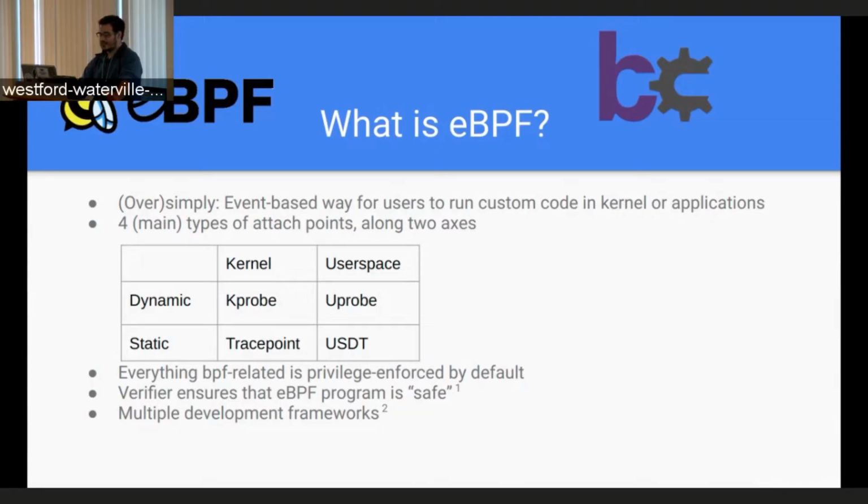The verifier makes sure that, among other things, programs run to completion. So you can't have unbounded loops. All of your bounded loops must always progress towards completion. There's a size limit to programs, and there's a finite complexity limit. Again, there are others, but that's the basics.